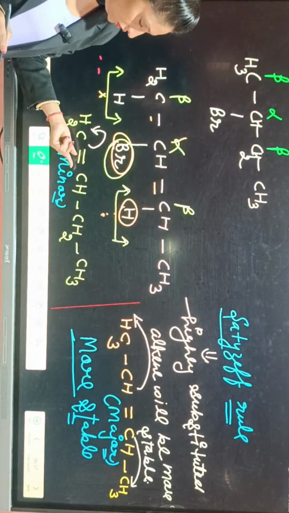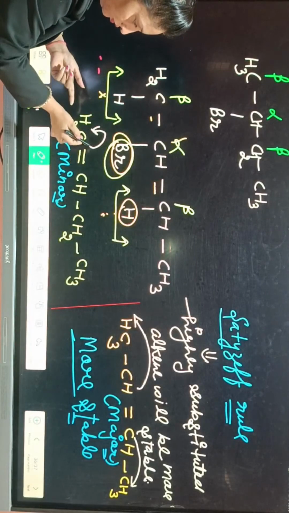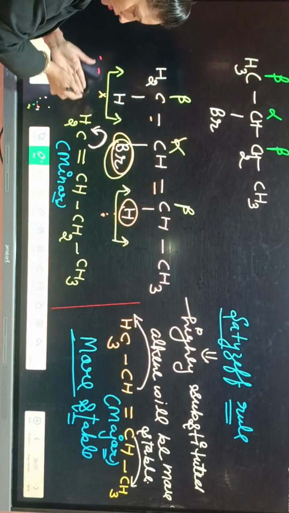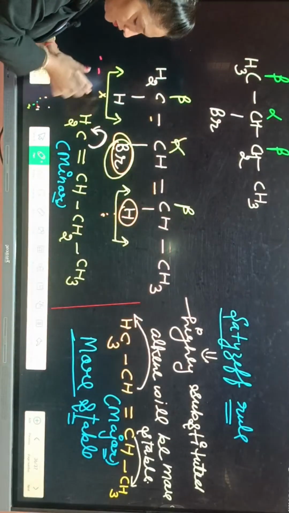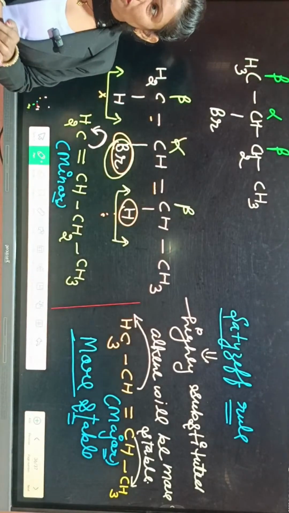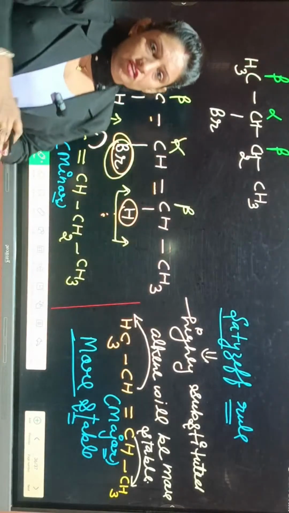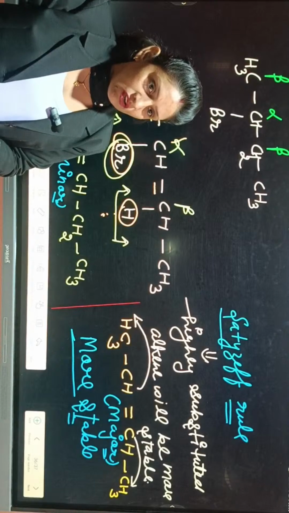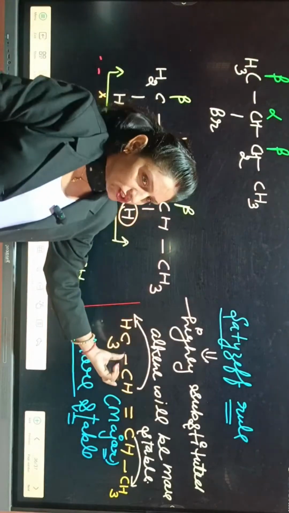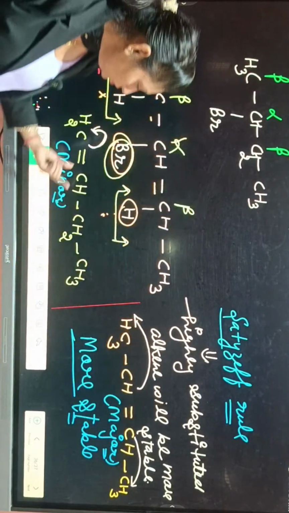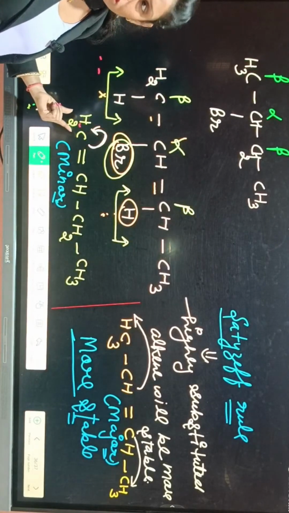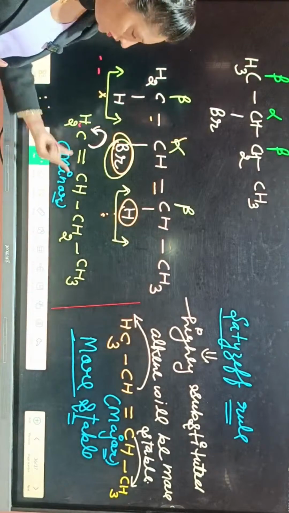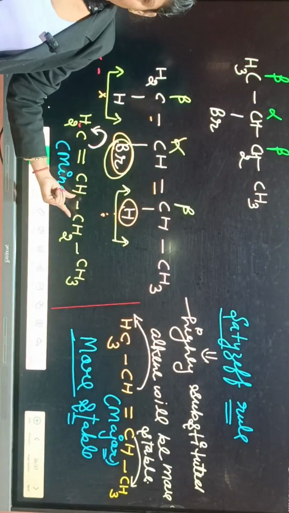Yes. On the double bond side only 1 carbon with this one. Further it is not substituted. Substituted alkene means when hydrogens are substituted by others. So this one is a more substituted alkene as compared to this one. Here 2 hydrogens only. These hydrogens are not substituted by others. Only this one is substituted. Clear or not?